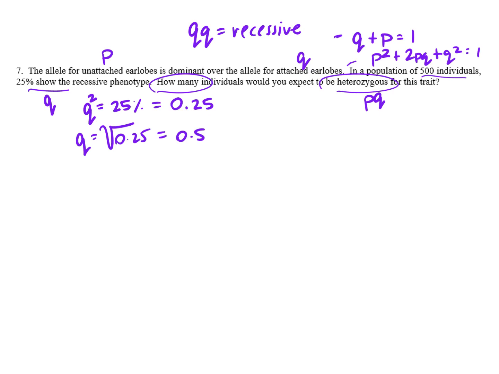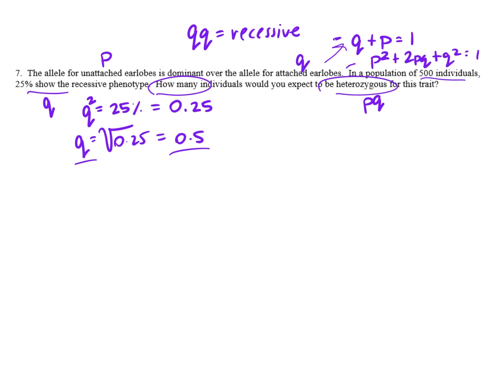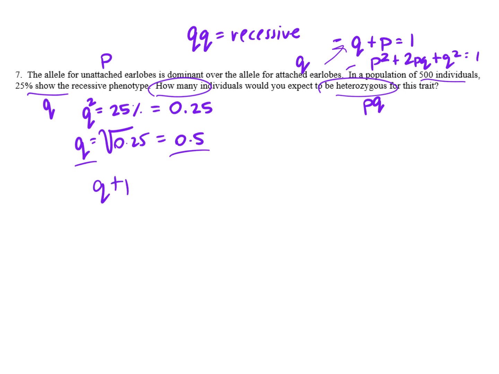So that gives me the value of Q. So Q is 0.5. From there, I can use this equation and say Q plus P equals 1. And I know that my Q is 0.5. And if I solve for P, I also get 0.5.